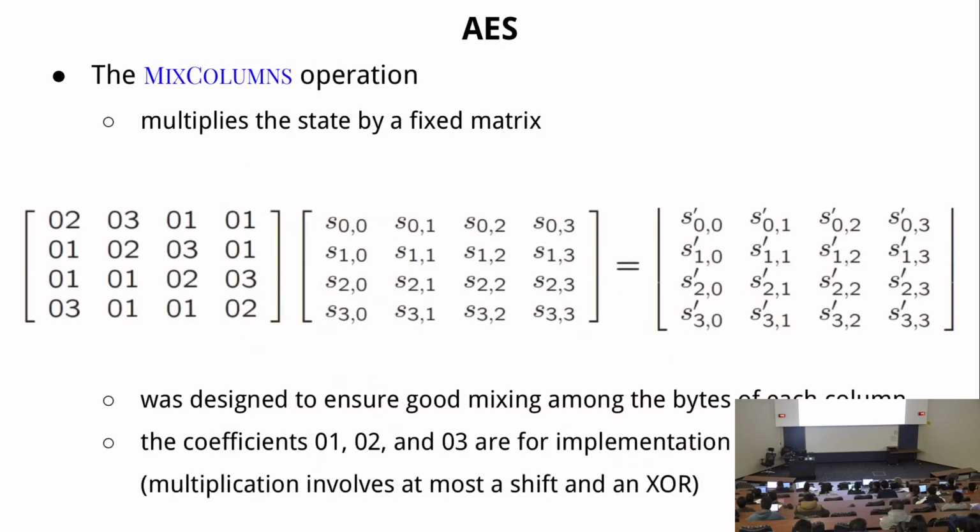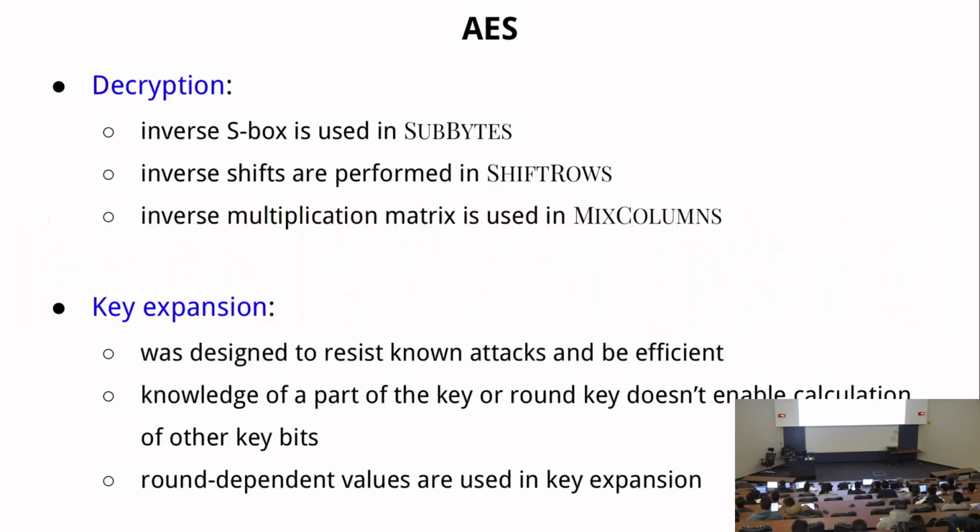Then the mix column operation just multiplies the state with a fixed matrix. So the decryption is just reversing all the operations in each of those steps.